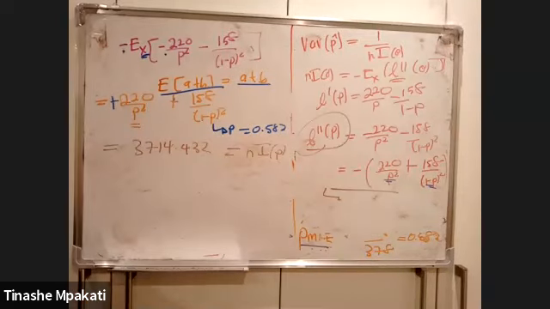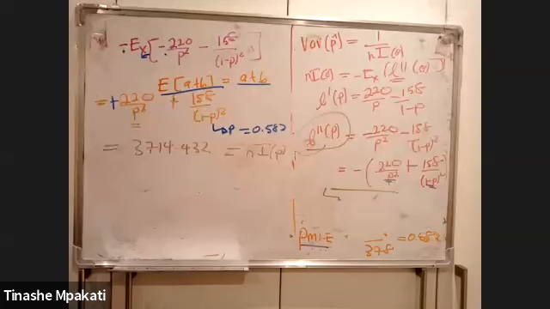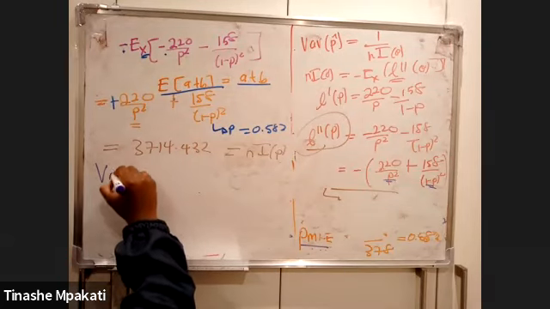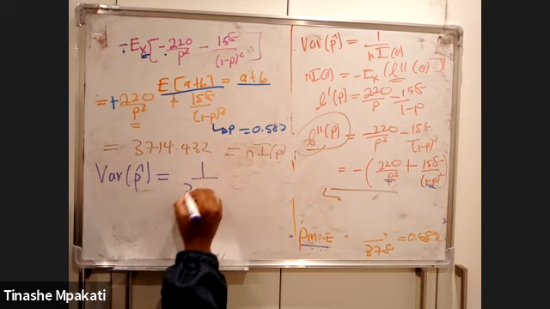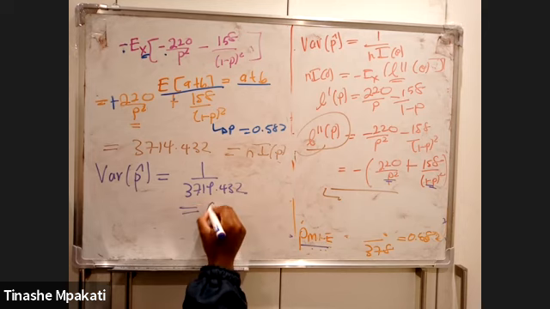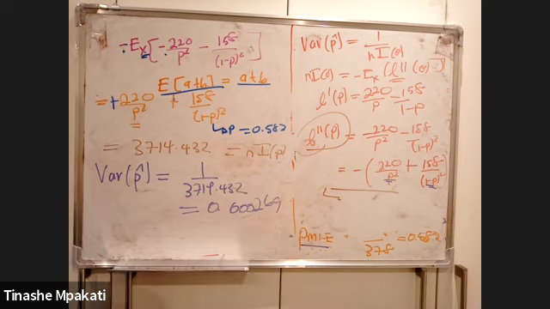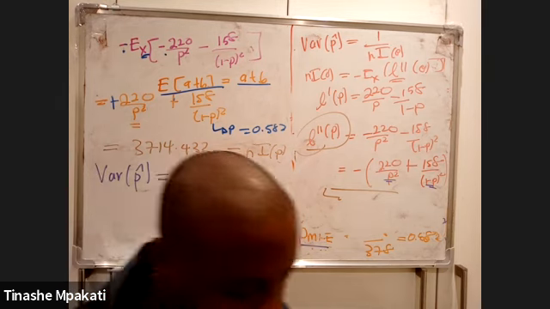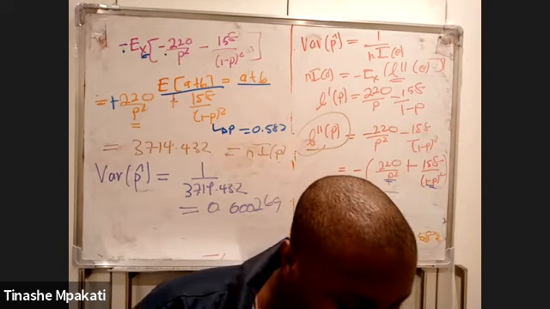And we know that our variance is actually 1 over that. So the variance of this p is simply equal to 1 over this 3714.432. And this gives us a variance of 0.000269.